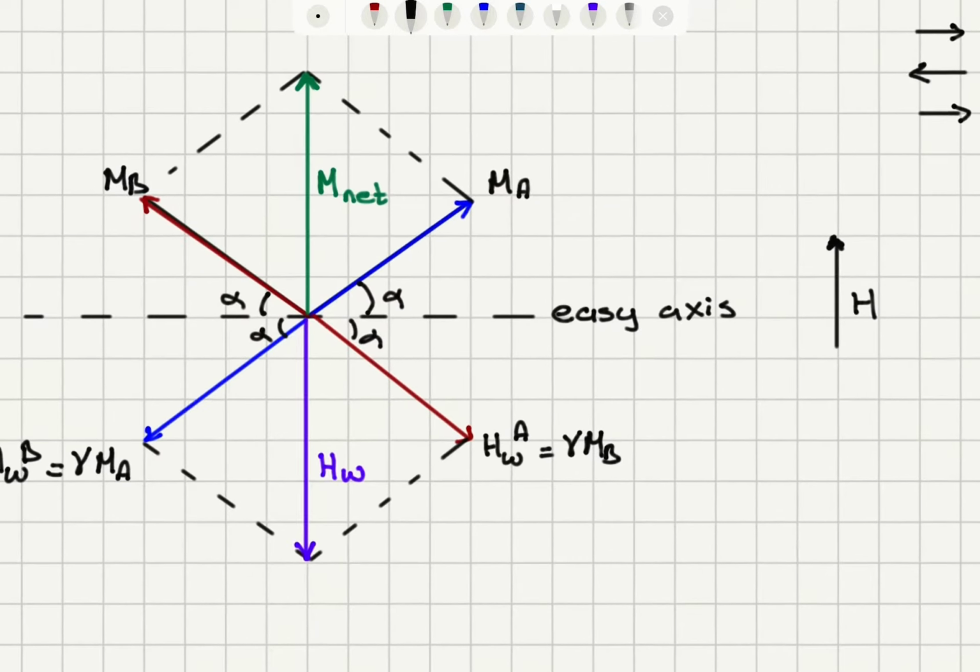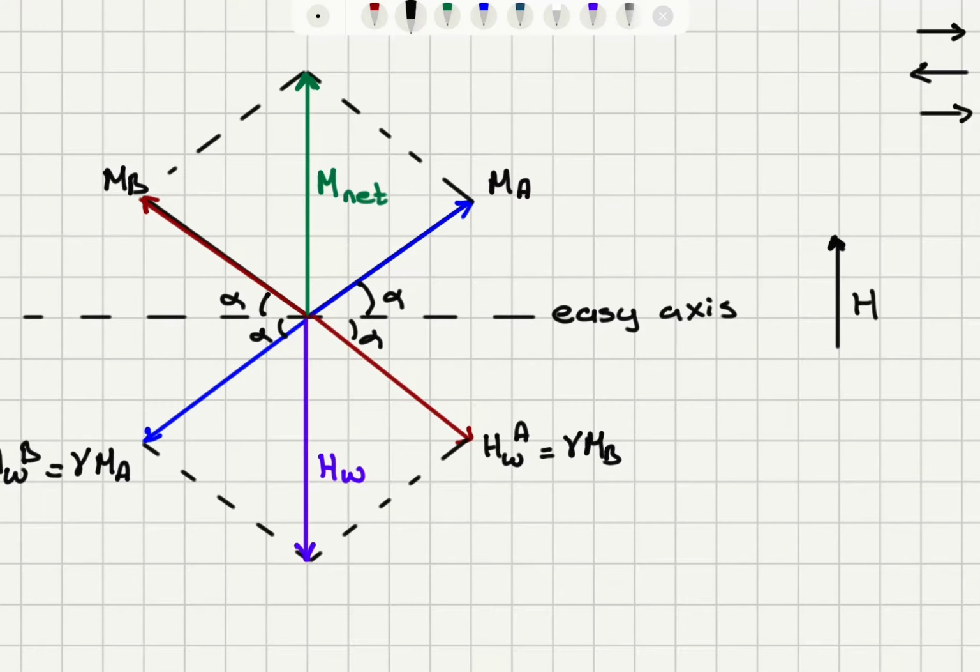So let's look at this carefully. I have the A sublattice magnetization tilted by an angle alpha, and it feels a molecular field H_WA, the molecular field acting on A, which is gamma times MB. And that is, remember, actually pointing in the opposite direction to the magnetization of the B sublattice, which itself is tilted by an angle alpha.